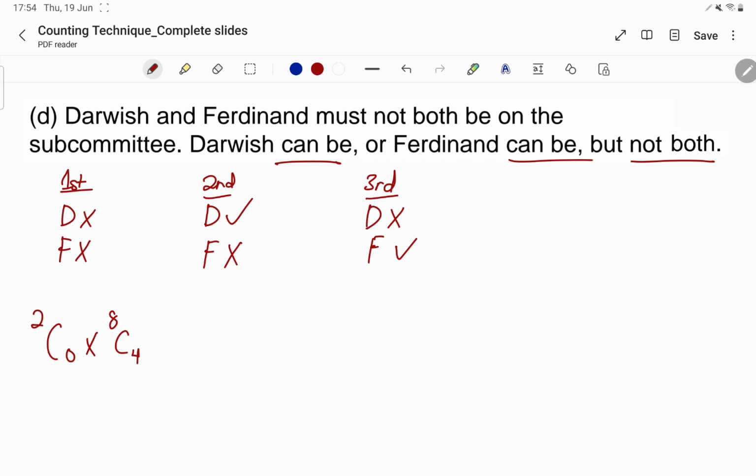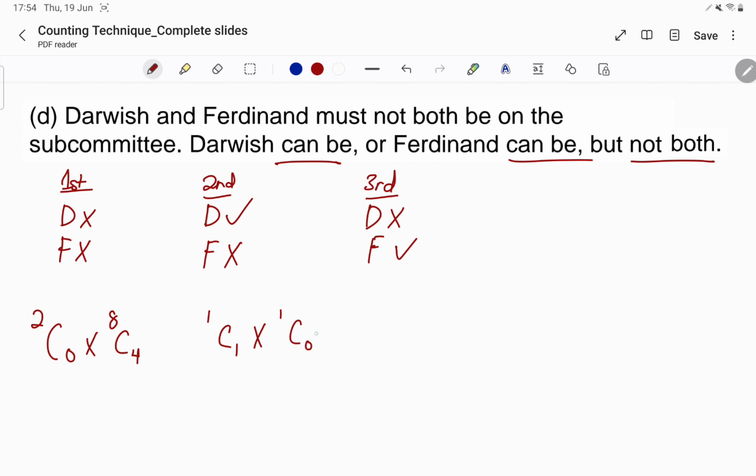Now for the second case, Darwin can be chosen. Darwin, we have 1, so we can choose him: 1C1. Ferdinand we cannot choose, so multiply with 1C0, because for Ferdinand there is only 1, but we cannot choose him.